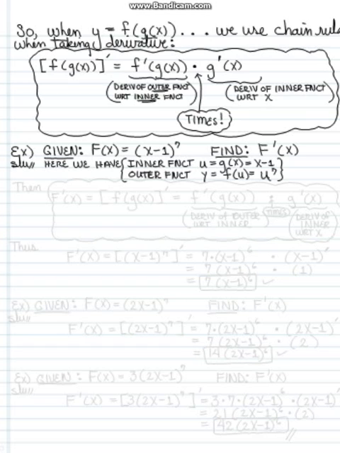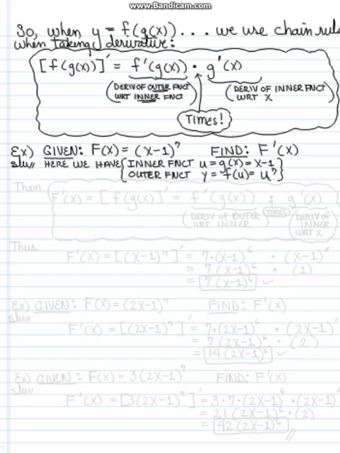I wish I had just said, in this example, capital F of x equals (x minus 1) to the 7th, we have the inner function g of x equals x minus 1, and the outer function little f of x equals x to the 7th. When you compose f composite g of x, you get (x minus 1) to the 7th power. So forgive me for ever having introduced this u and this y.